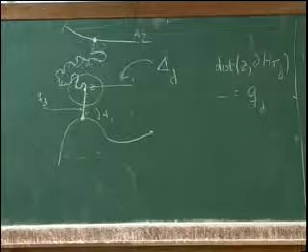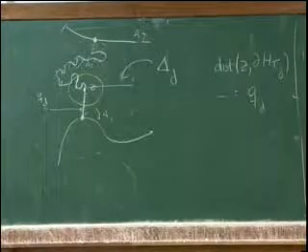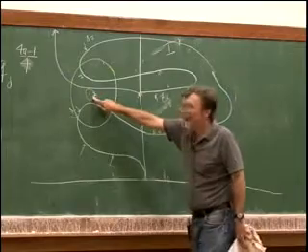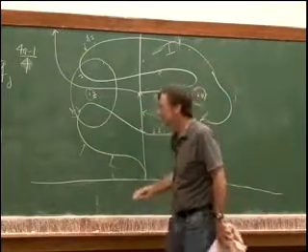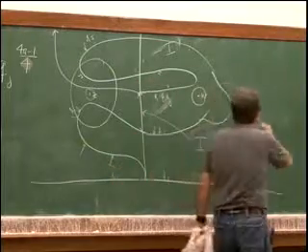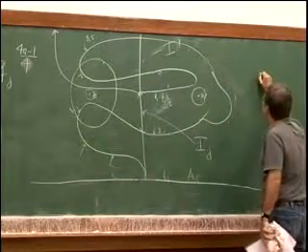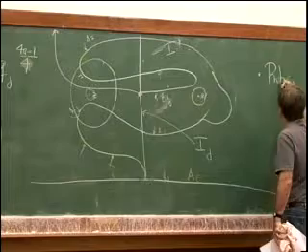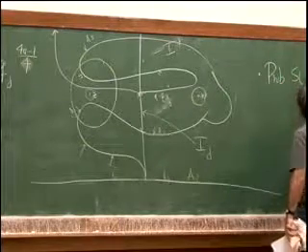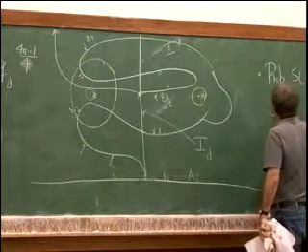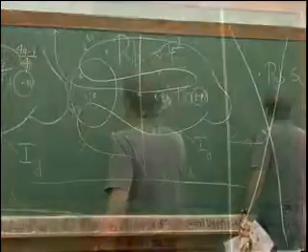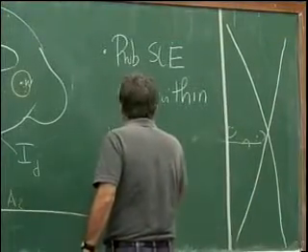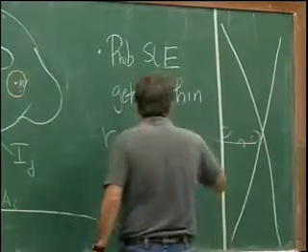Now we're going to take our SLE, starting here, and look at the probability first of entering this disk. So let's first look at the event: what's the probability SLE gets within r Qj of Z?